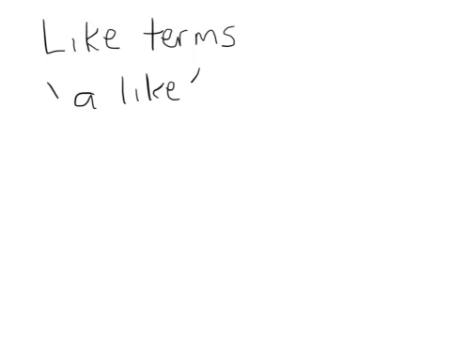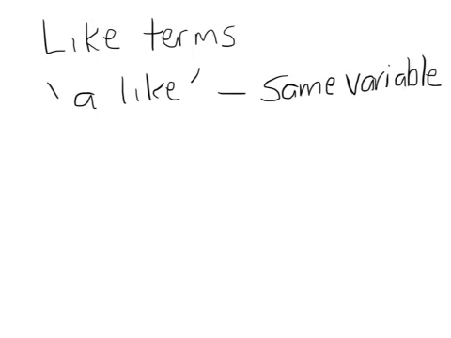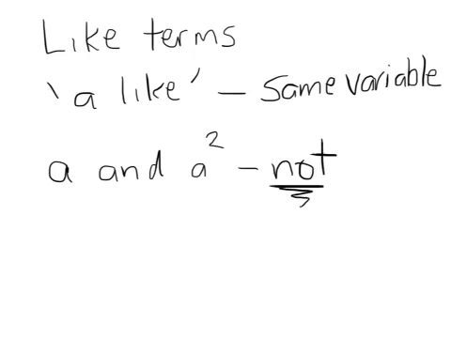Like terms. What does it mean to be like or alike? It means they're the same variable. Same variable. That means we have the same letter. But, not to be confused, a and a squared, they're not like terms. They are not the same.